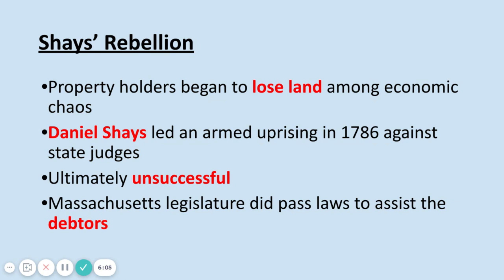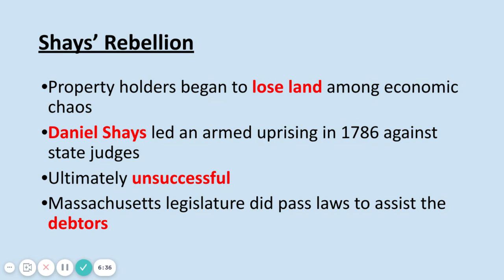Although the rebellion, led by Shays, who would actually be convicted and eventually pardoned, was unsuccessful in removing all of this immediately, Massachusetts will make laws within their state government to prevent those types of things happening to the farmers and to assist those who owed a substantial amount of money.